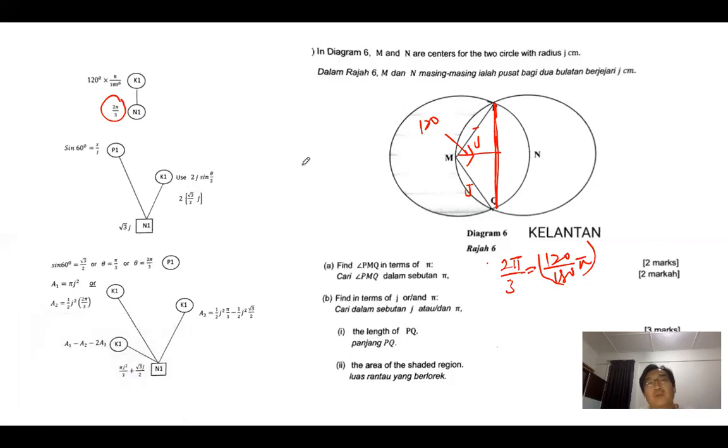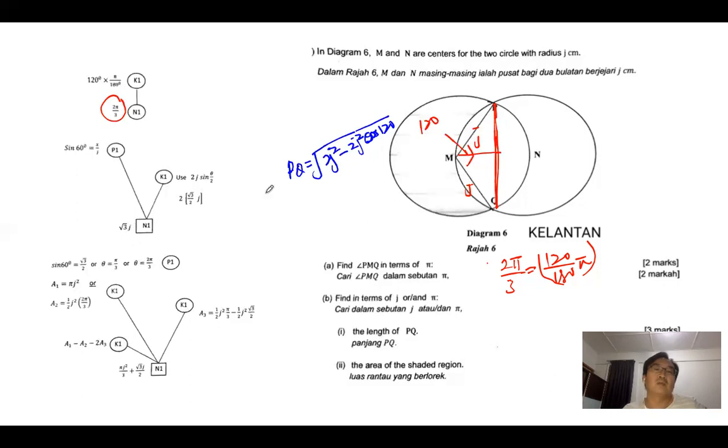So we just use cosine rule. Okay, so PQ equals the square root of 2j square minus 2j square, and then cos 120. All right. Okay, so you should get the answer is this one.